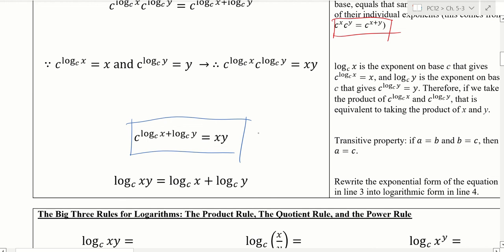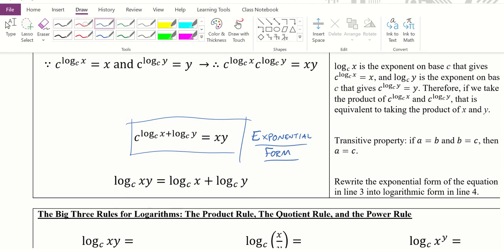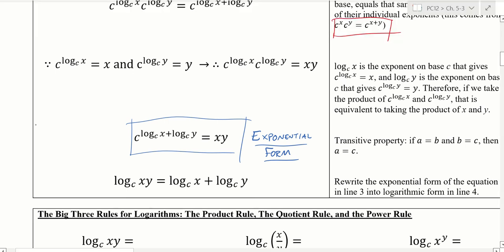Now, this is written in what we could call exponential form. And we know that we could write this statement equivalently in logarithmic form. So what would this statement look like in logarithmic form?